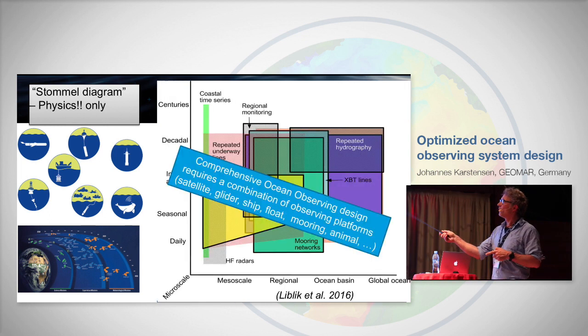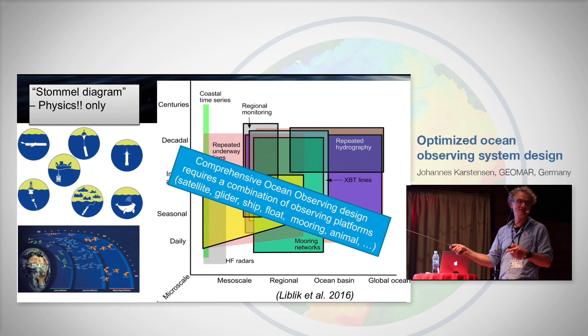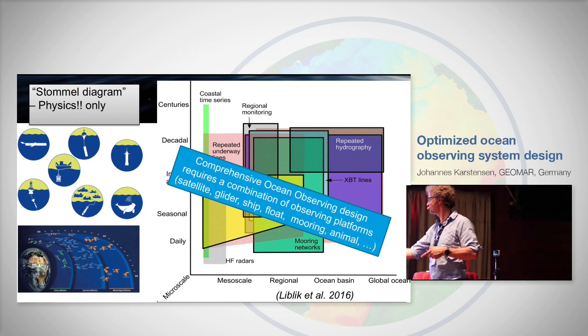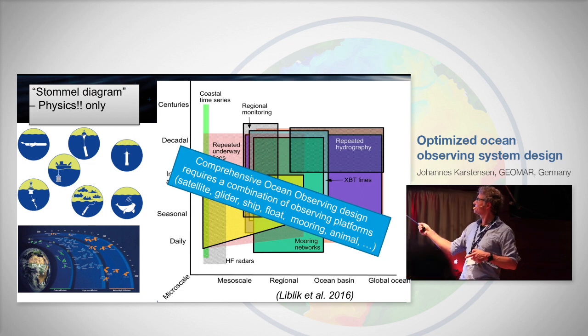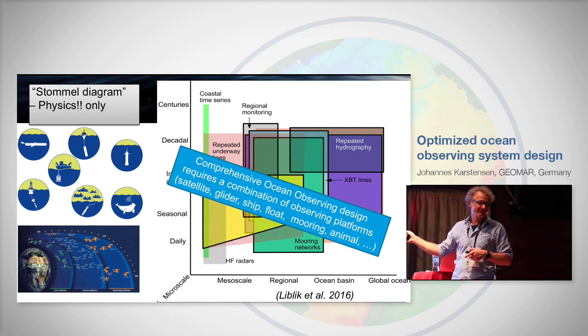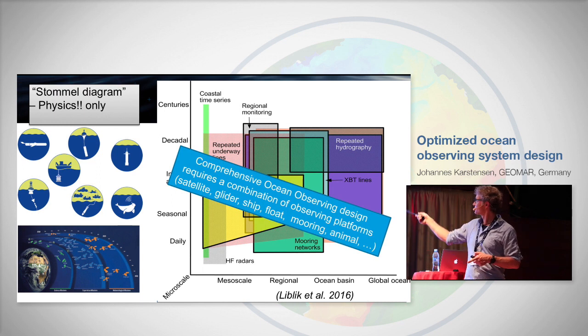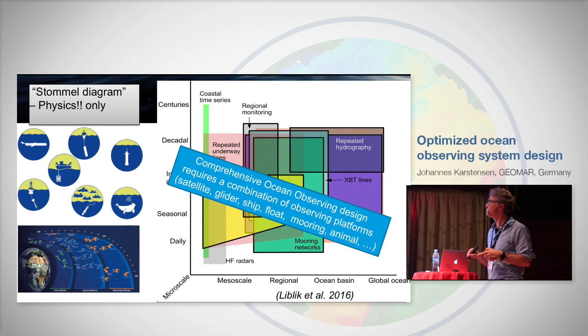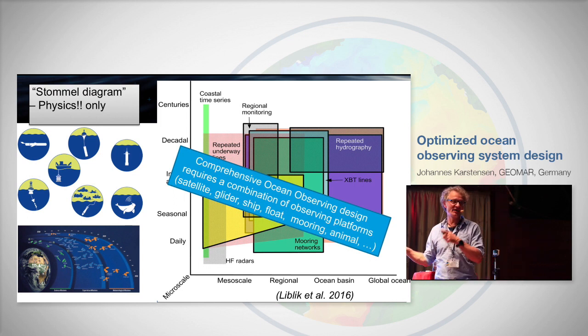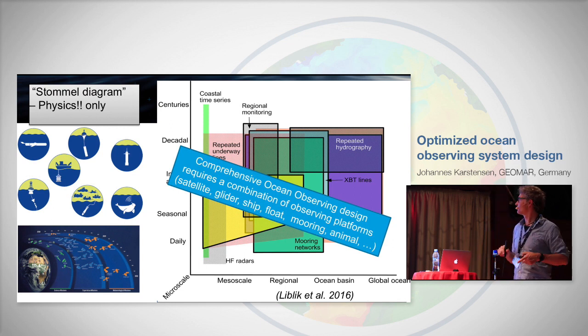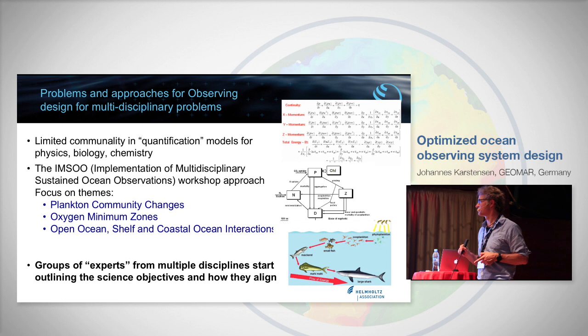So we put all these different capabilities of sampling, time and space, then you can see that combining all different observing platforms on the left pretty much matches the scales we need to observe, right? So it's a mixed system, actually, that is where the secret is. So comprehensive observing design requires a combination of all these platforms.